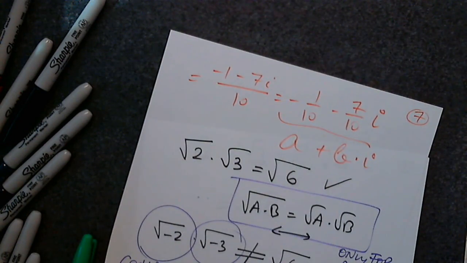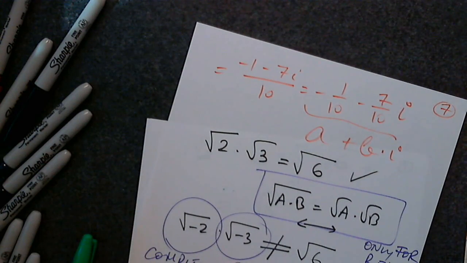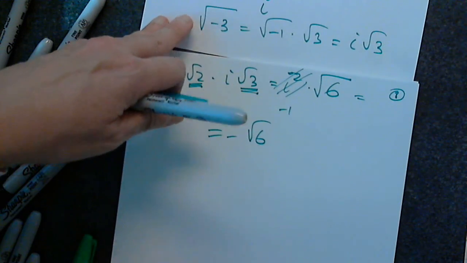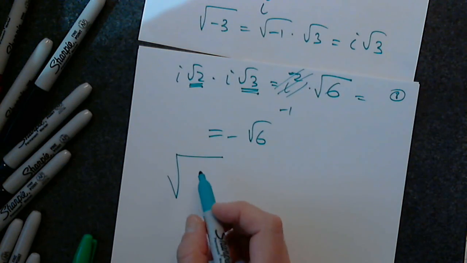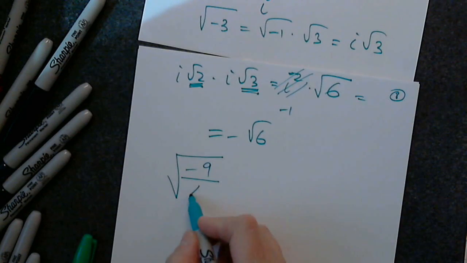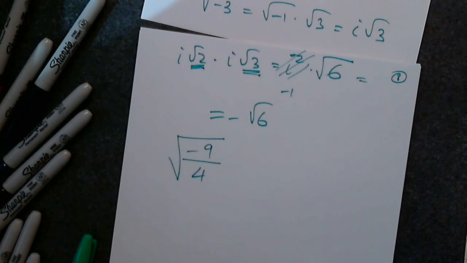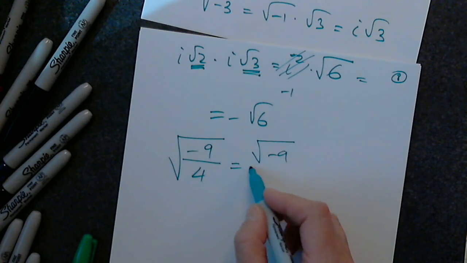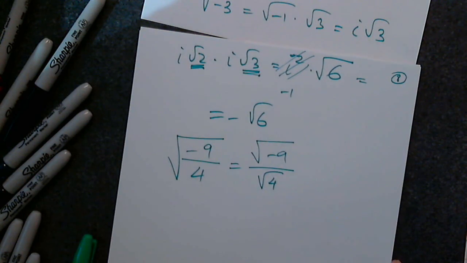So what works for real numbers does not work for complex numbers. The same thing with the ratio. So let's suppose we have the square root of negative 9 divided by 4. I will have to separate it as the square root of negative 9 over the square root of 4.